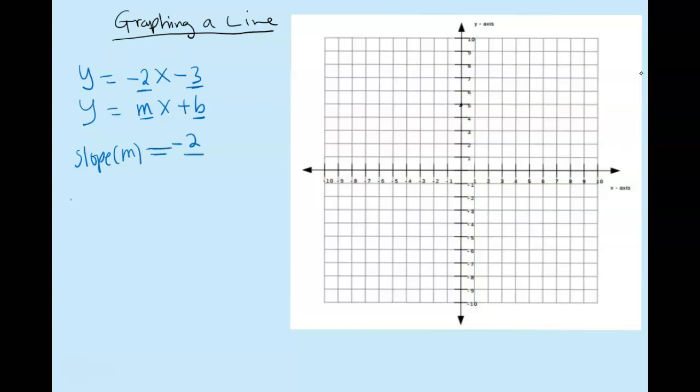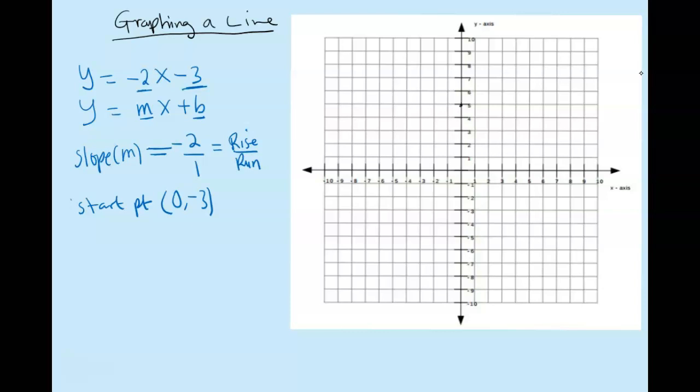Every number is over 1, so we divide it by 1. So that will give us a rise over run. Start point, which is negative 3 here. So at the start point, at the y-intercept, x is equals to 0, and we got this.